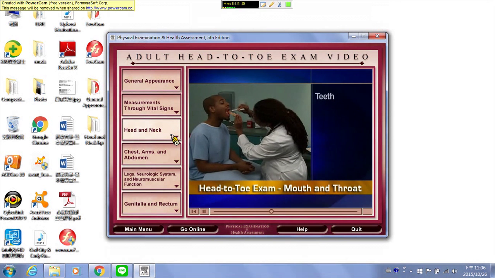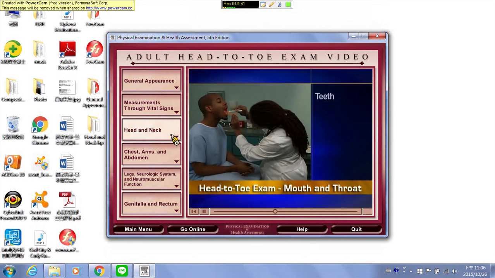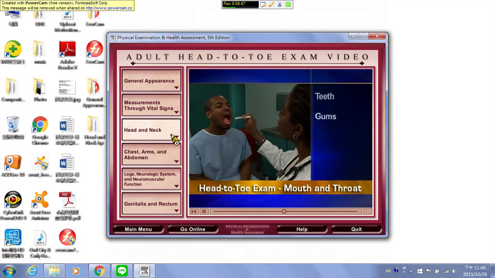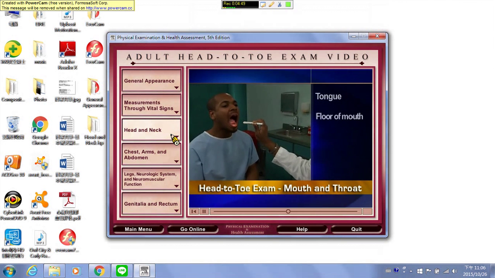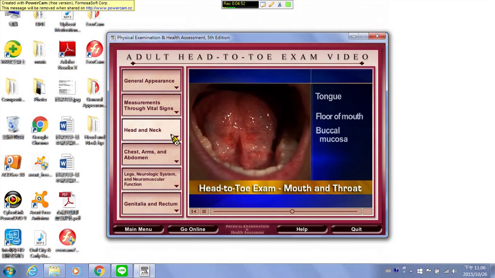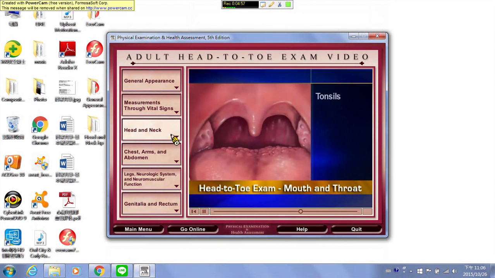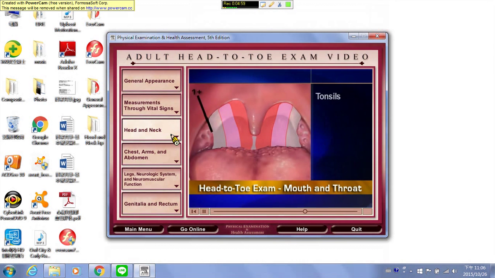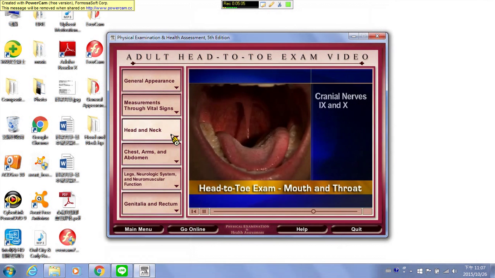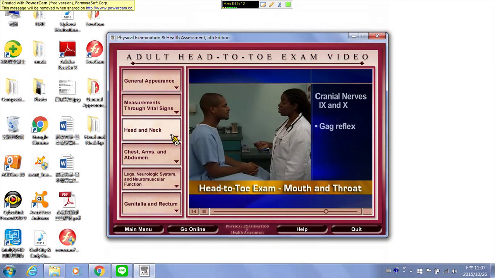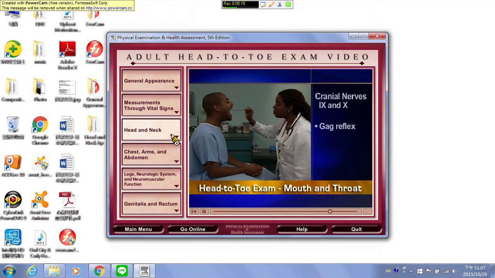Now focus on the mouth and throat. Using a pen light and tongue blade, inspect the mouth, including the teeth, gums, and gag reflex.